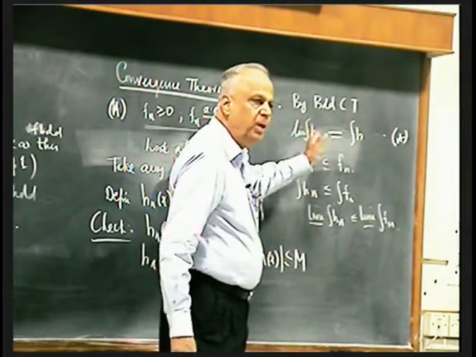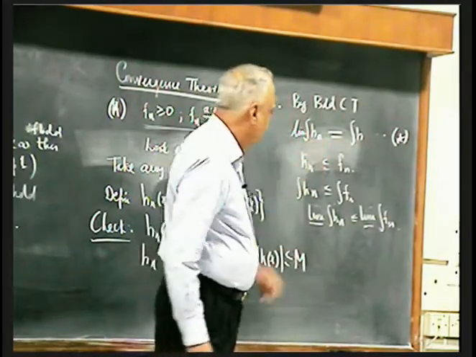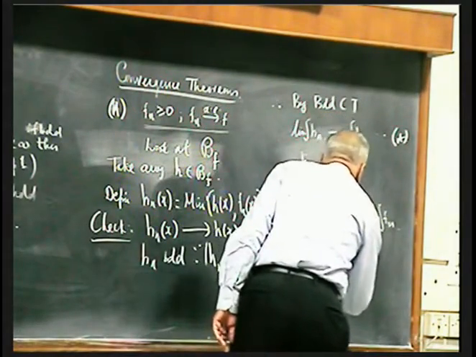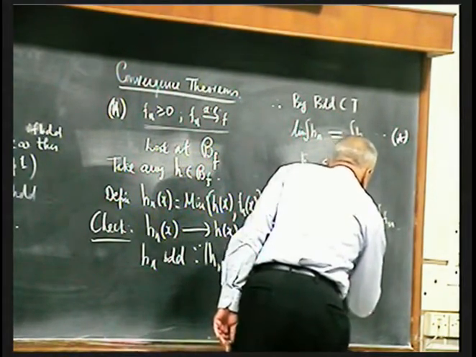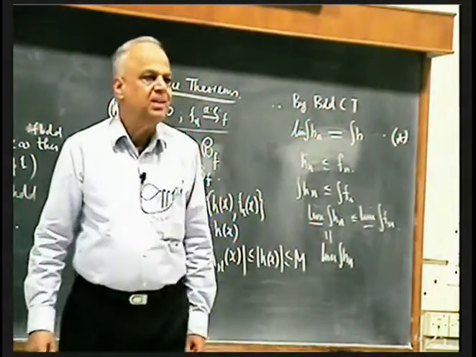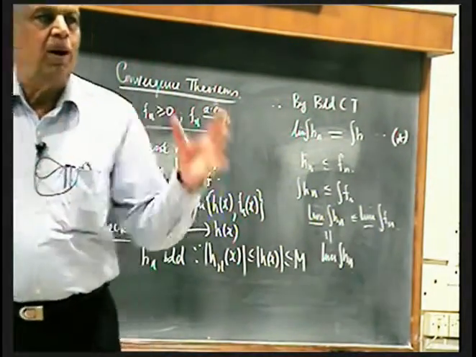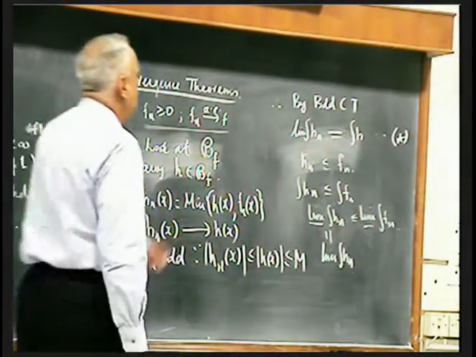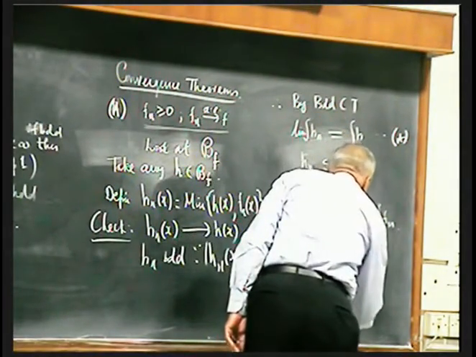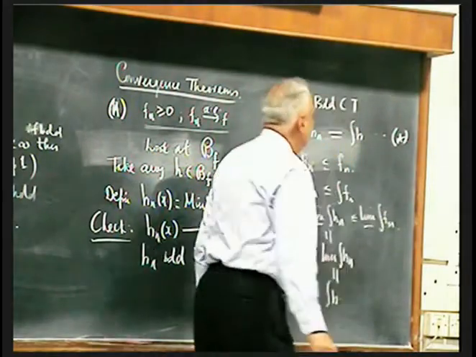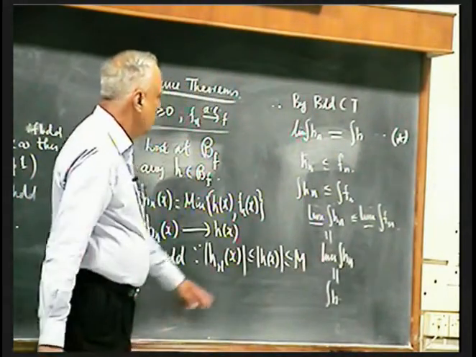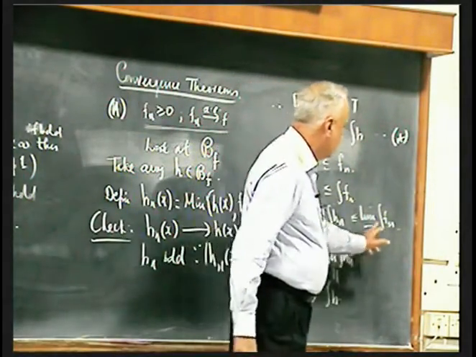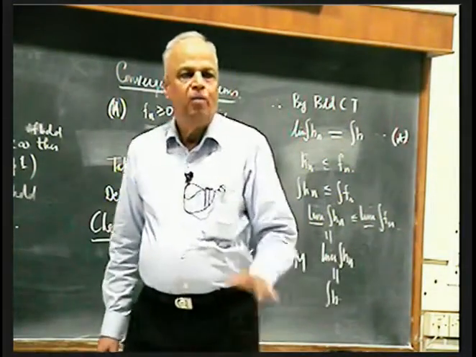So lim inf will be exactly equal to limit. Whenever the limit exists, the lim inf, the lim sup, and the limit are all equal. So that is equal to limit Hn, but that is equal to integral H. So what we have got is integral H is less than or equal to lim inf Fn for every such H.